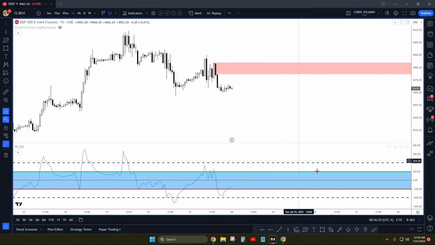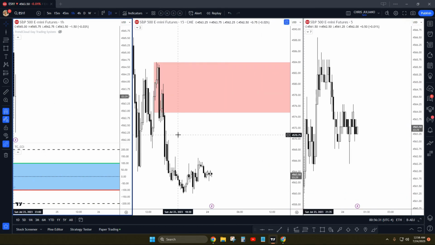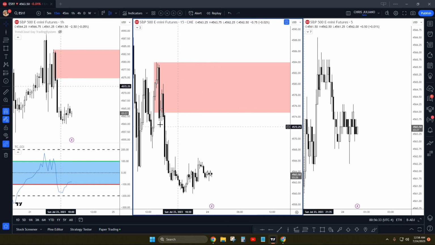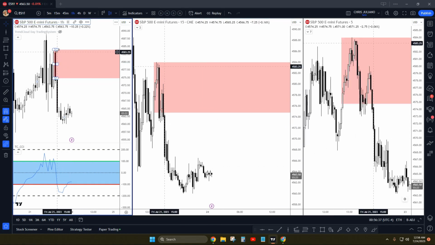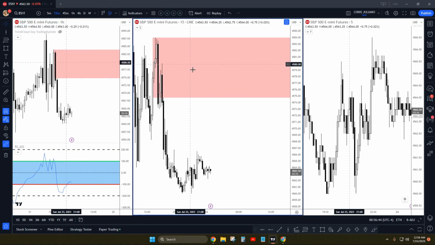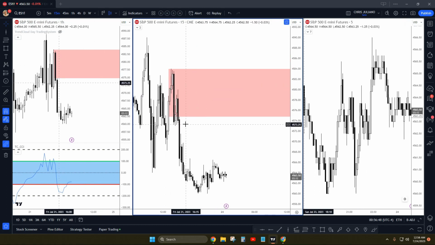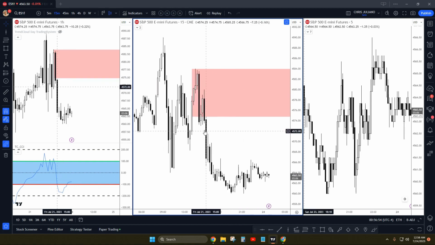So let's drop down to that 15-minute chart, and you can see when you put something on the 1 hour chart, it will automatically draw it on the other time frames that you have. So we've got the 15-minute here. Now, what looks good in this 15-minute area? Well, we've got something right here, don't we?